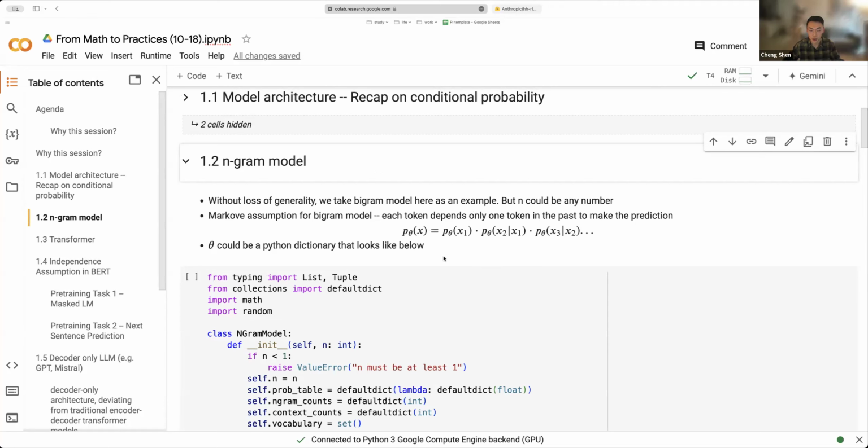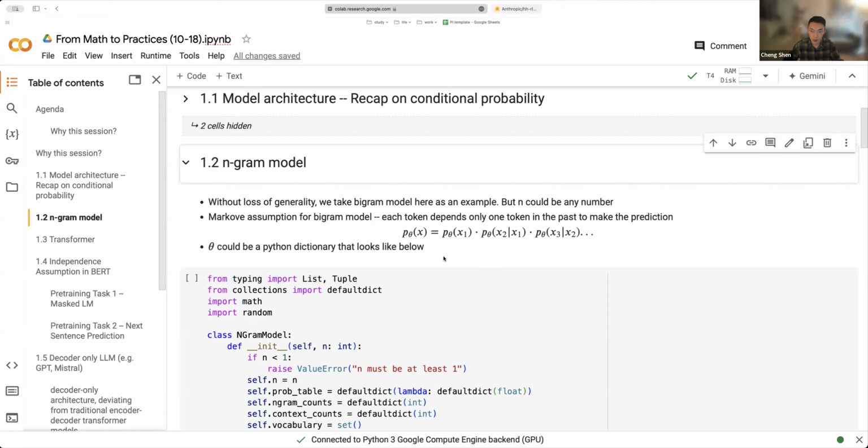And here I'm showing a simplified case, which is the bigram model. By bigram model, it means for every next token, we only rely on the token before it to predict the next token.